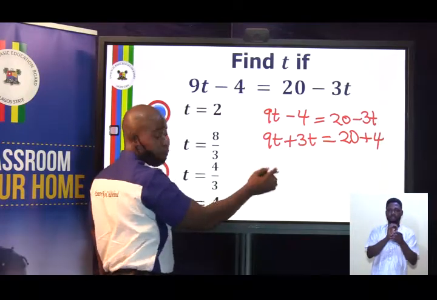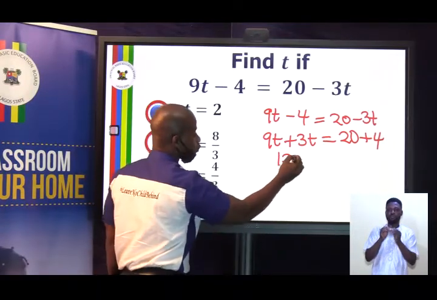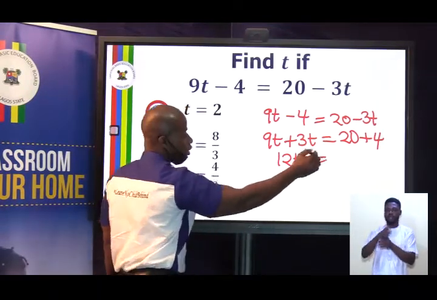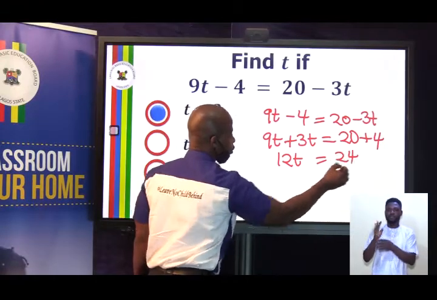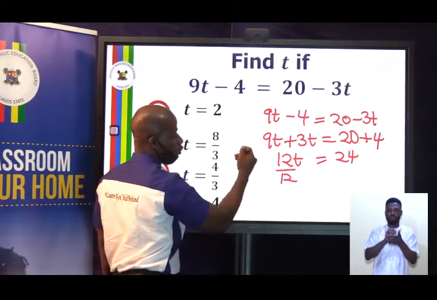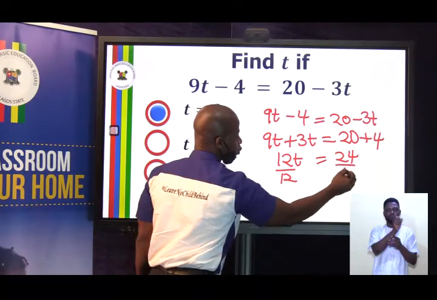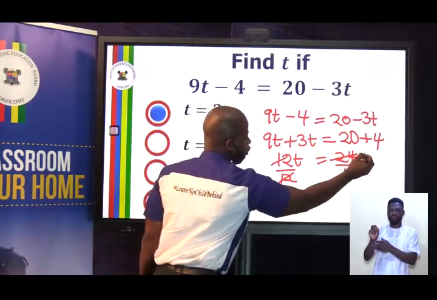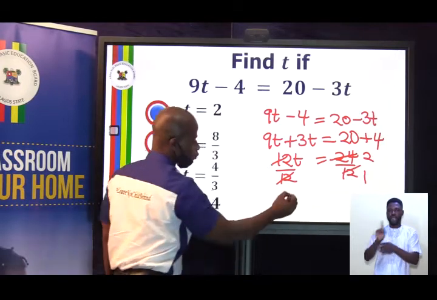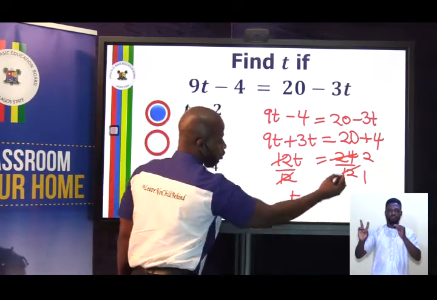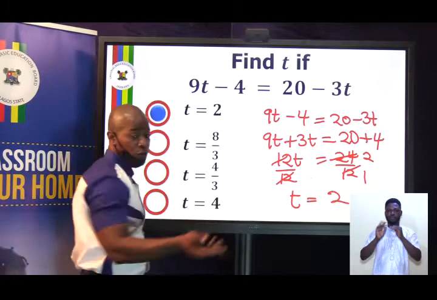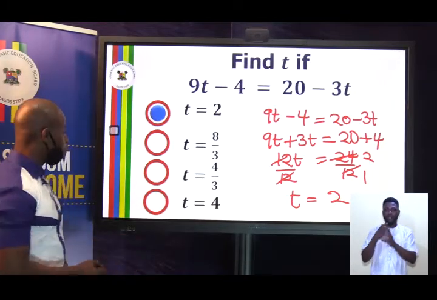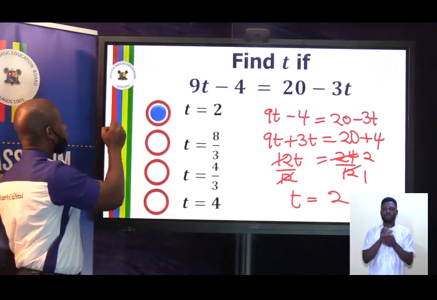Now on this side, 9t plus 3t gives me 12t. And on the right side, I have 24. Now I have to divide by 12 so that I can get rid of this 12. So I divide this side by 12 as well. 12 cancels 12. 12 goes here 2, here 1. So now I'm left with t here. And on the right side, I'm left with 2 all over 1, which is 2. So that's how we got our 2. I believe you got that right.